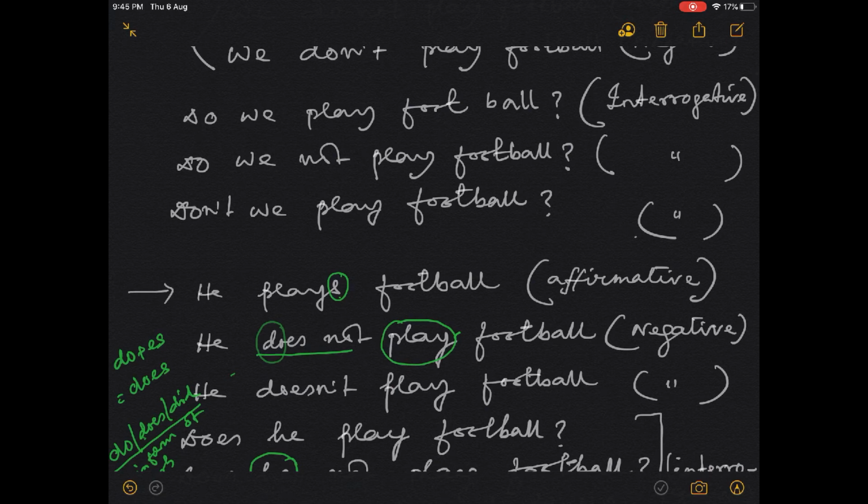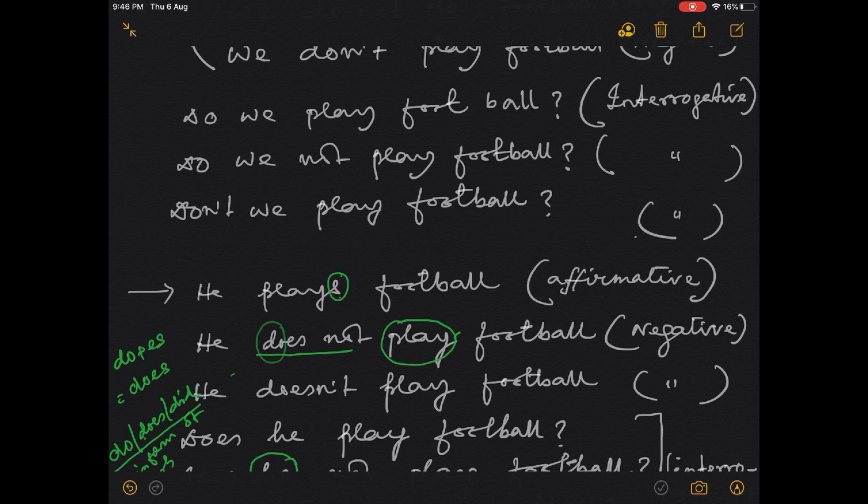Take another example. He plays football. Affirmative sentence. And the negative is he does not play football. There the negative was we do not play football. Here the negative is he does not play football, because here the verb is plays. The subject is third person and singular number. For this the verb play has taken the suffix s here.